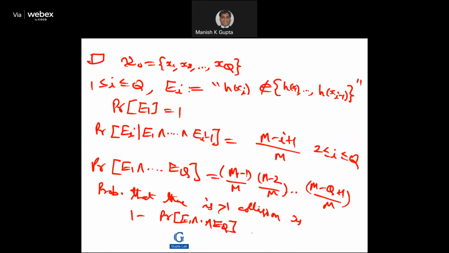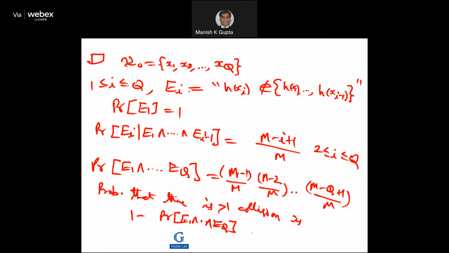If X naught is x1, x2, up to xq, for each i, E_i is the event that h(x_i) is not a member of {h(x1), h(x2), ..., h(x_(i minus 1))}. So basically, these are the hash values of each point up to i minus 1, and h(x_i) is not a member of this. So the probability of E1 is 1, and then we can compute the probability of E_i conditioned on E1 up to E_(i minus 1), which will be (m minus i plus 1)/m.